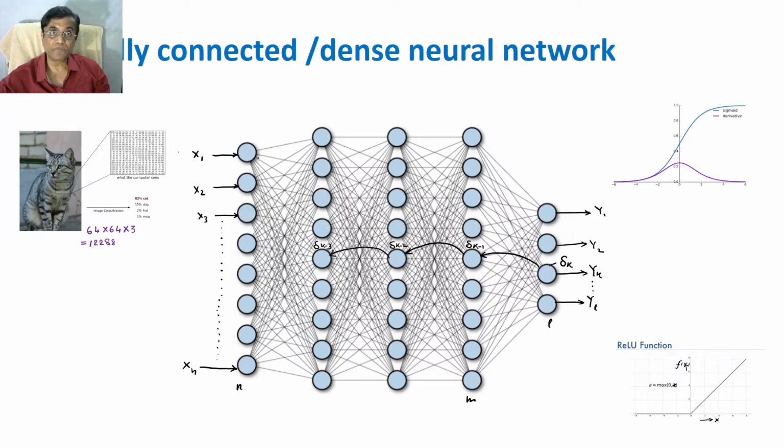And if I want to use a densely connected neural network, or dense neural network, or fully connected network, where every neuron is connected with every other neuron, then I will have to train this network with x equals x1, x2 up to xn, and the dimension is 12288 cross 1.